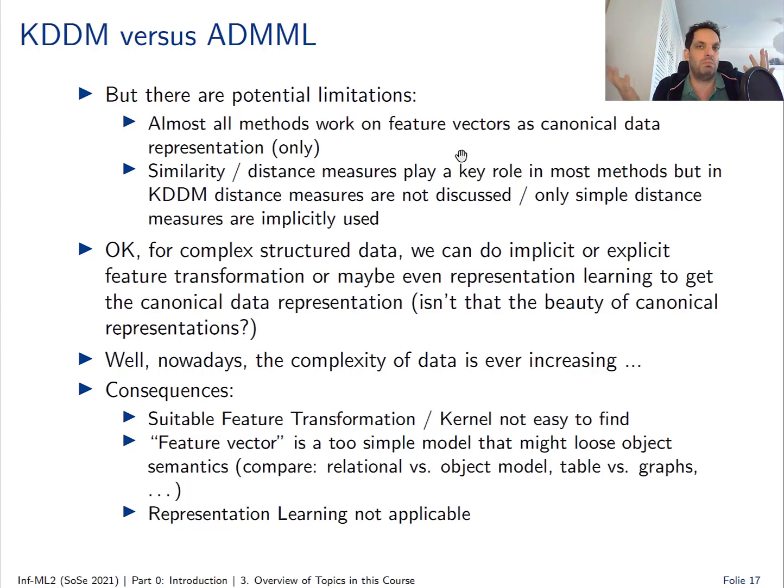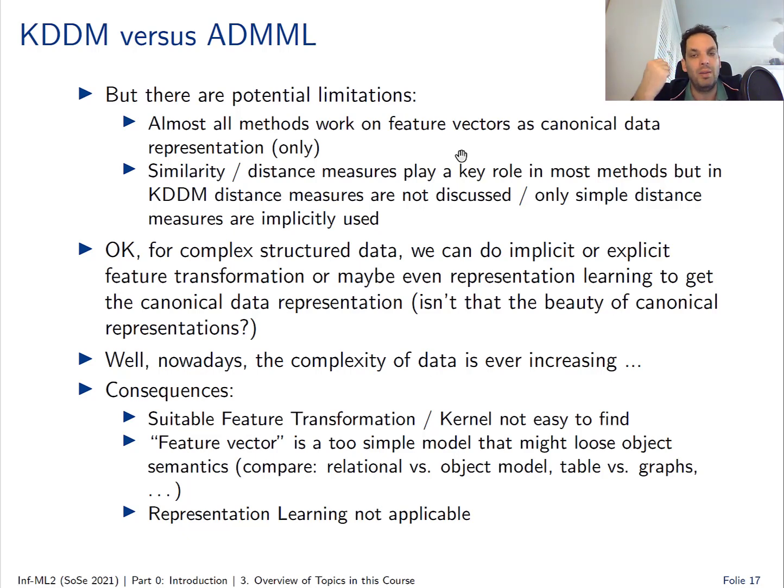It's basically a table of columns where the columns have integers or floats, typically doubles, as data types. And then you can just apply those methods from KDDM to learn something out of it.